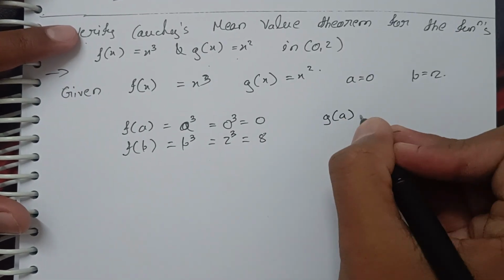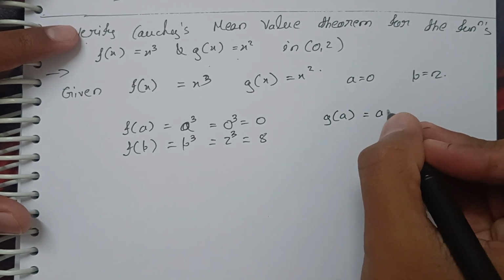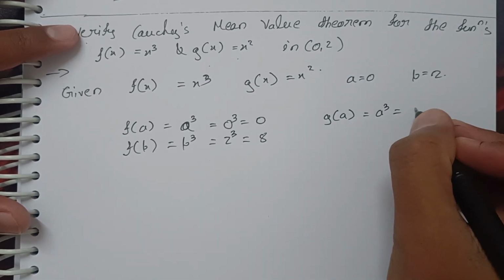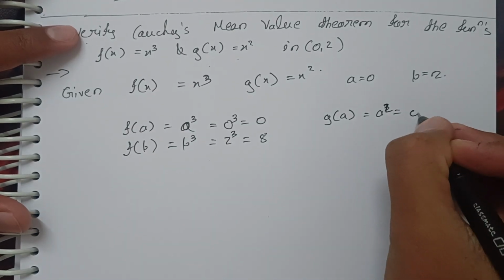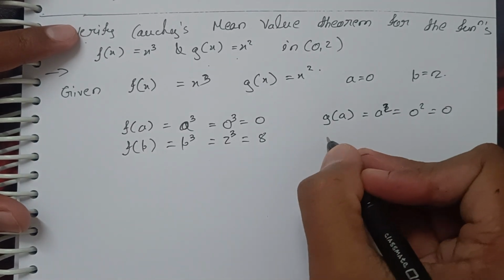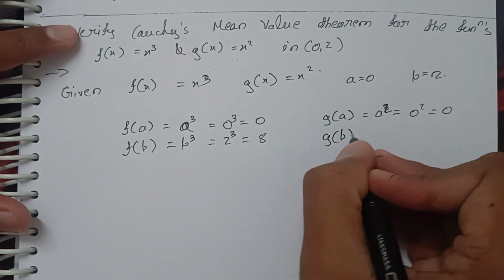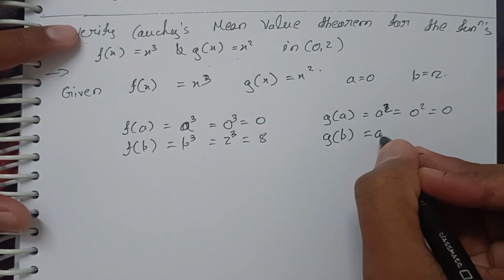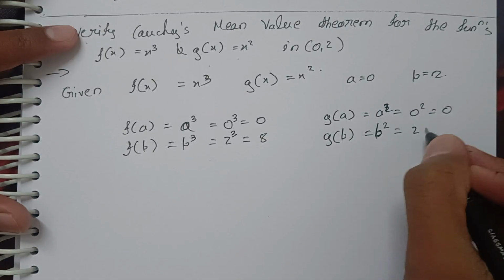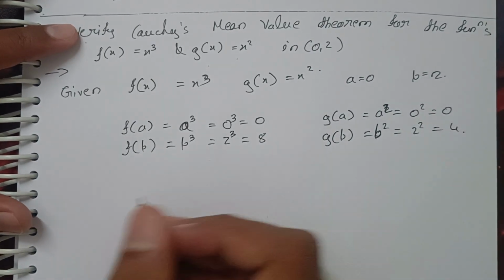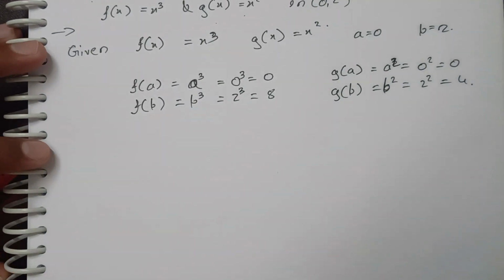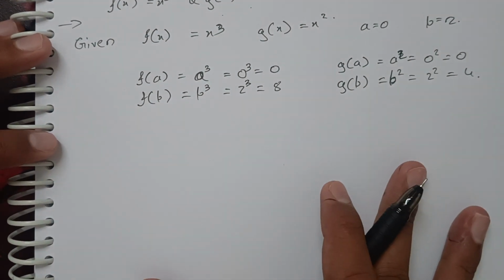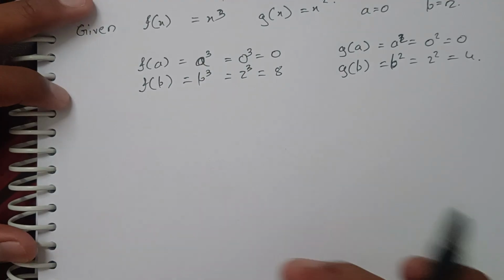The g of a is equal to 0 square, that is 0, and g of b is 2 square, which is 4. So we got the continuous values for both the functions f of x and g of x.